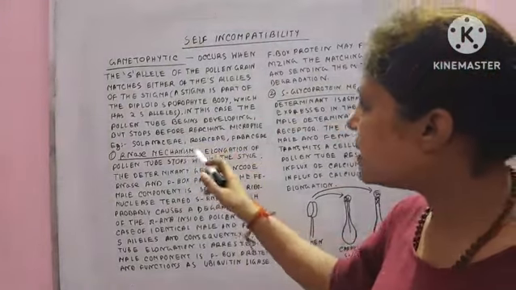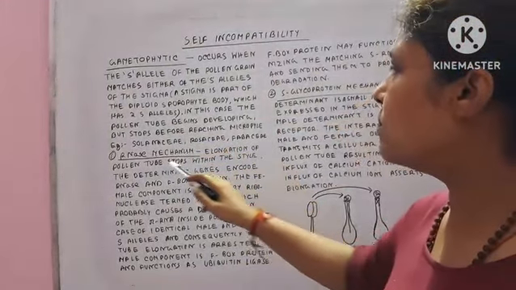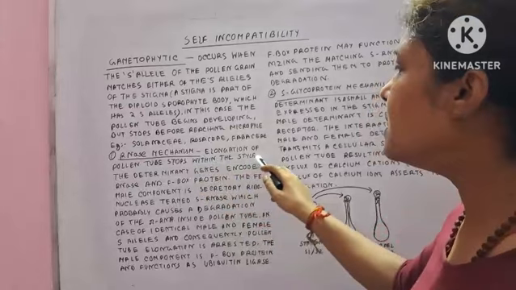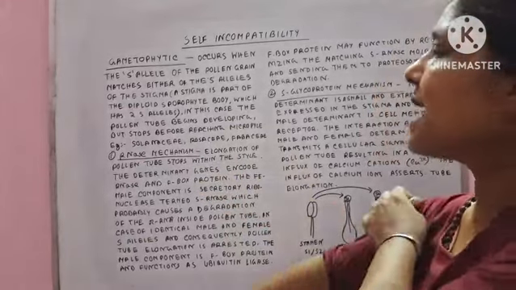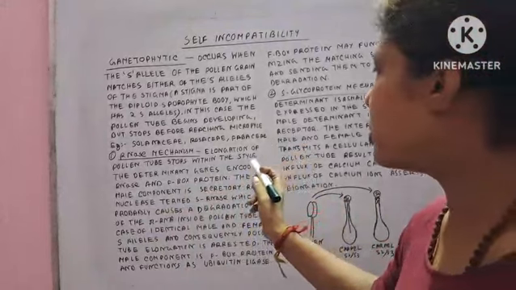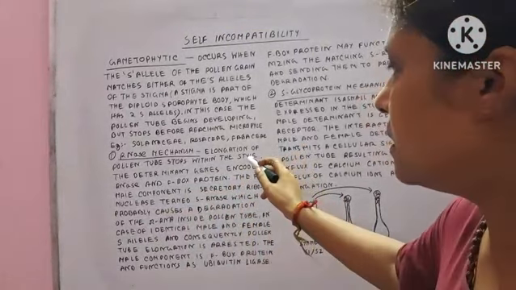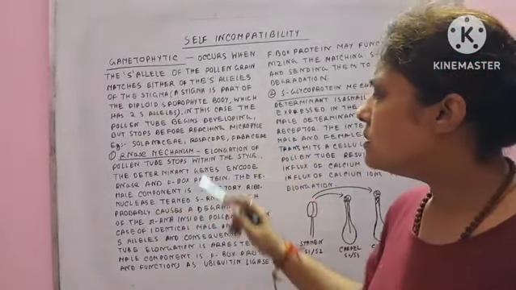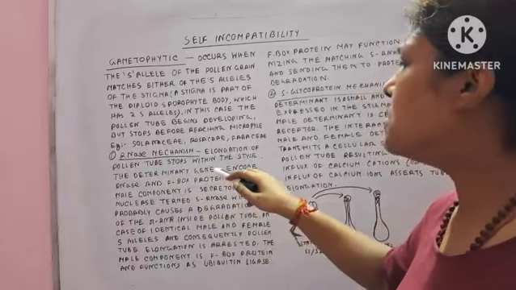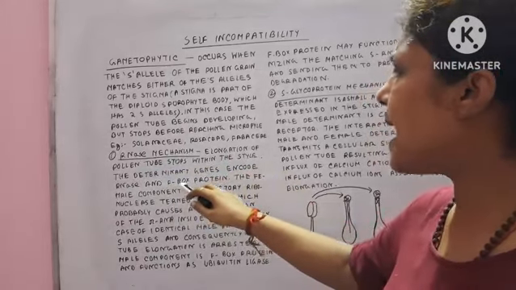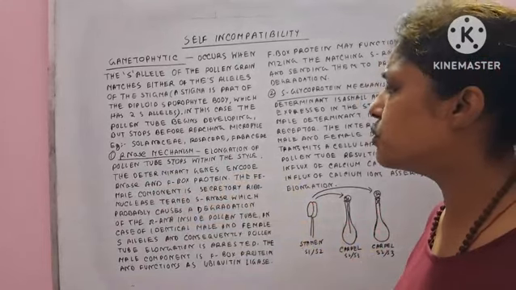In the RNase mechanism, the elongation of the pollen tube stops within the style, which is another part of the female reproductive part of the carpel. The determinant genes encode RNase and F box protein.